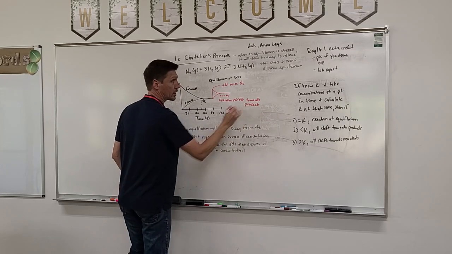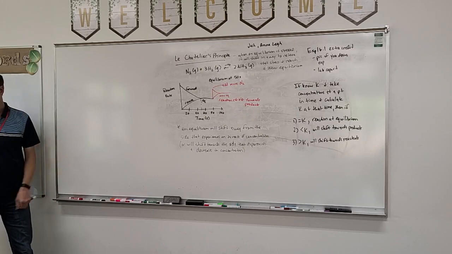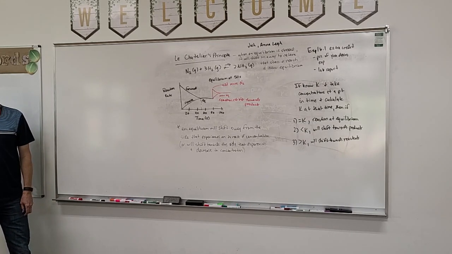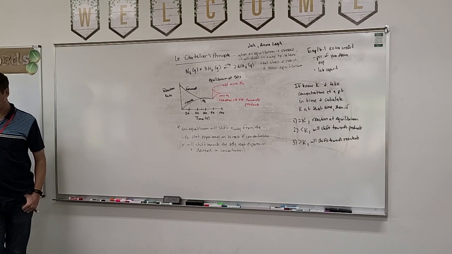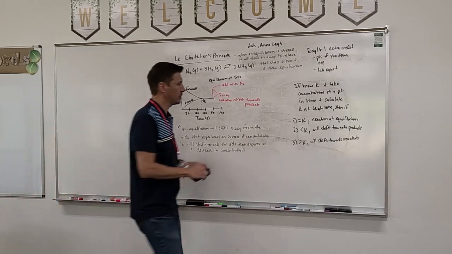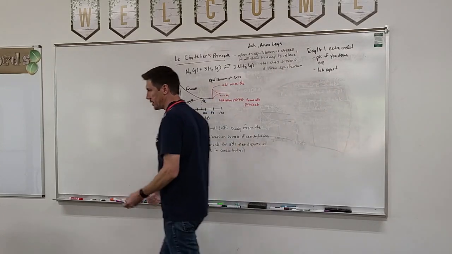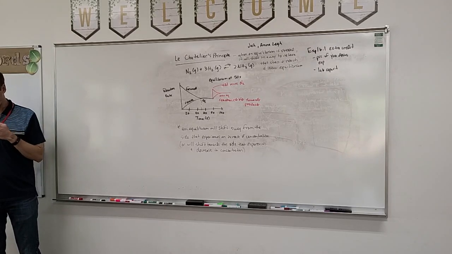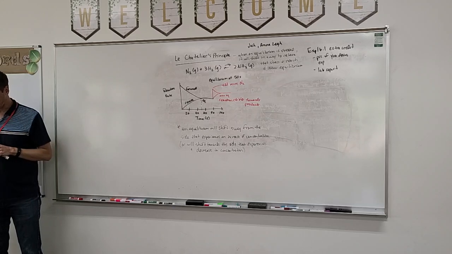Because we got an increase in concentration on the reactant side, so it's going to shift to the other side of the equation. Does that make sense to you guys? Well, let's see if it does. All right. It's a really simple process, and you're basically going to have some equations on the test that are like this next question here. You need to be able to figure out what's going to happen as we adjust certain things in our reaction. All right.